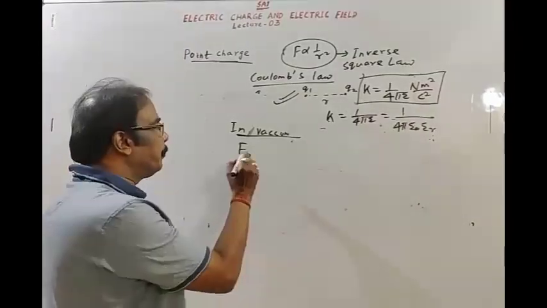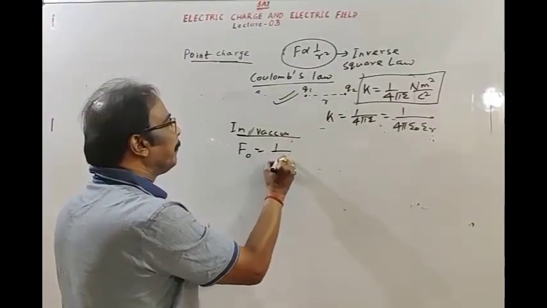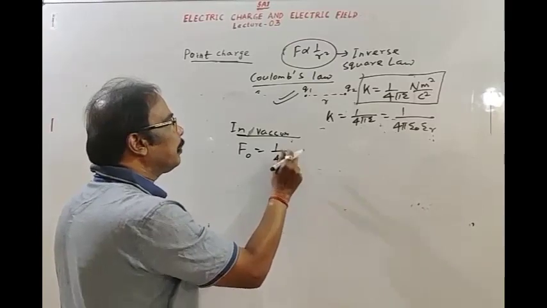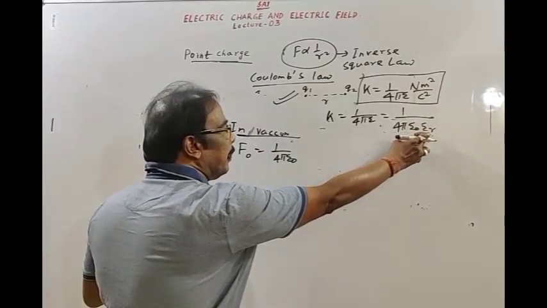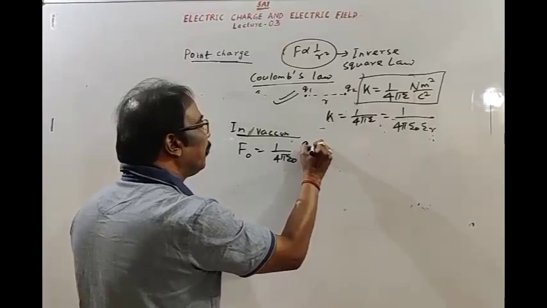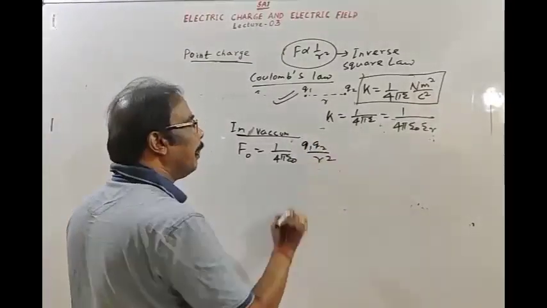The magnitude of force is equal to 1 by 4 pi epsilon naught, because in vacuum epsilon r is 1, into Q1 Q2 divided by R square.